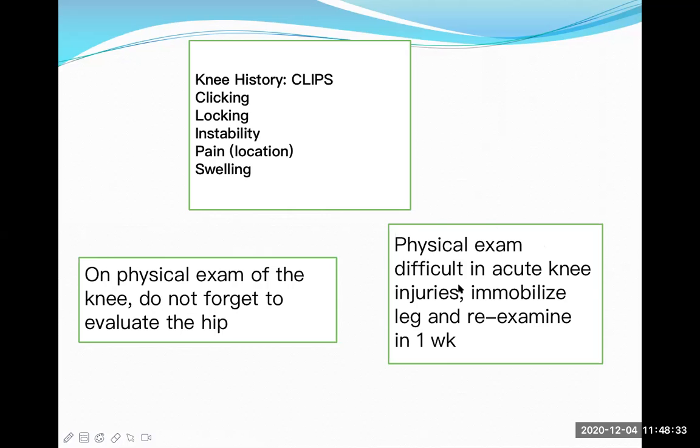Physical examination is difficult in acute knee injury, so immobilize the leg and re-examine in one week if we are having problems examining right now, because sometimes the knee is hugely swollen and very painful, so the examination may not be appropriate.